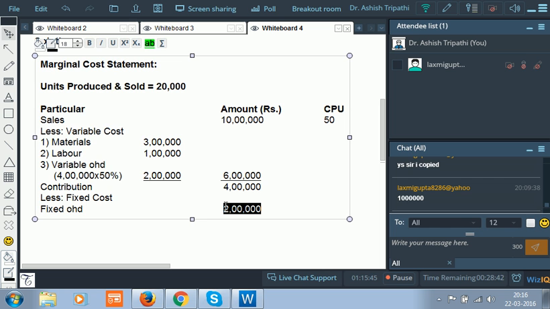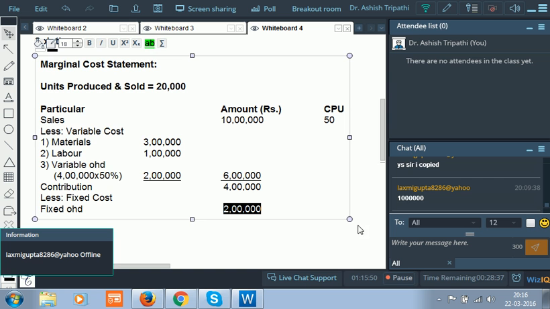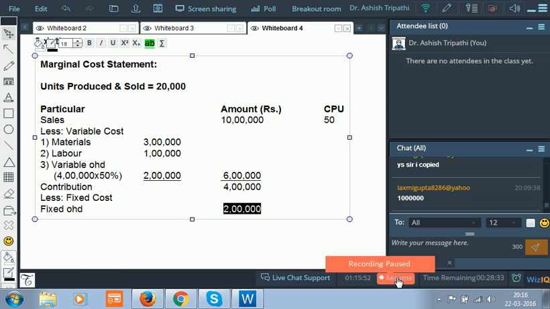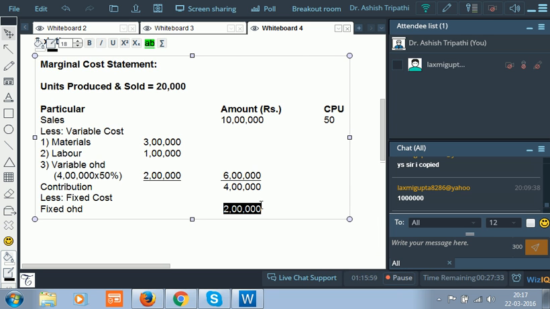Now again this 2 lakh we will have to subtract from 4 lakh. We will get profit. Profit is 2 lakhs.